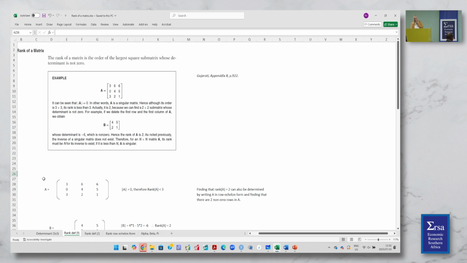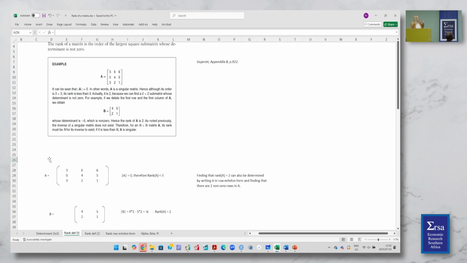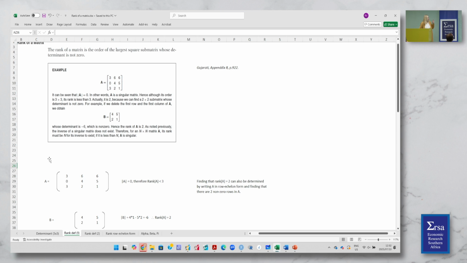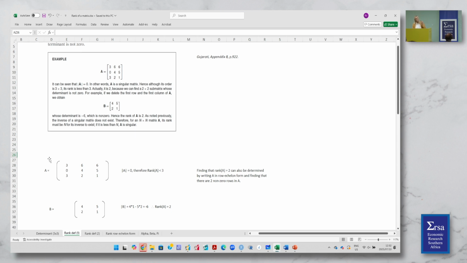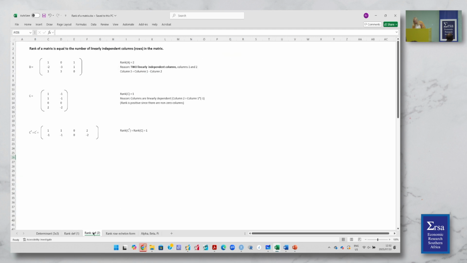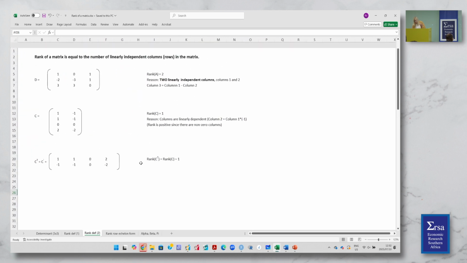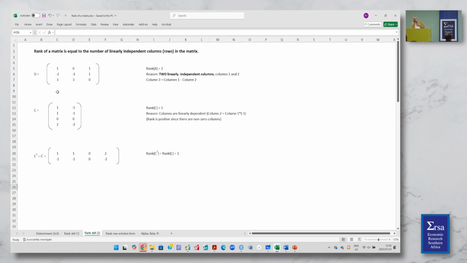linearly independent. So there are different definitions of when we can say we have it. If we look at this matrix D here, we have a column with 1, minus 2, 3, and here we have a column 0, minus 3, 3. So those two are independent, but the third column is actually the difference between the two.